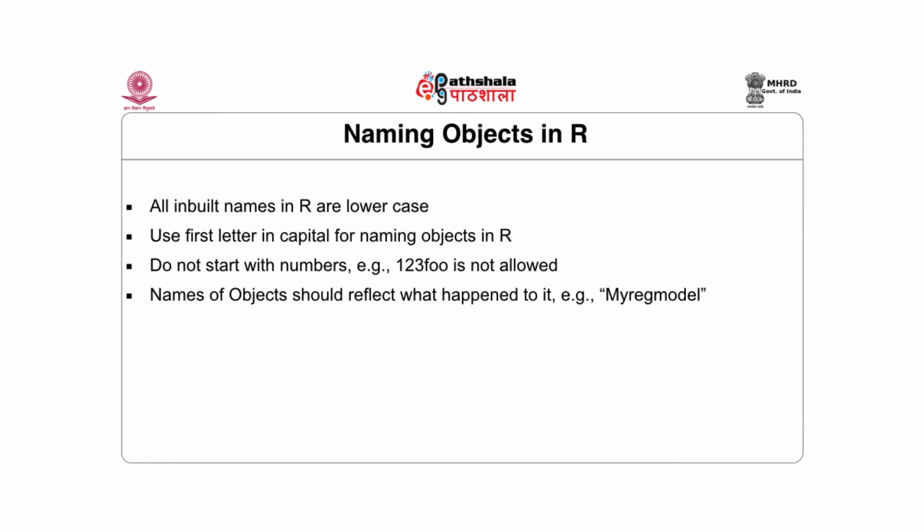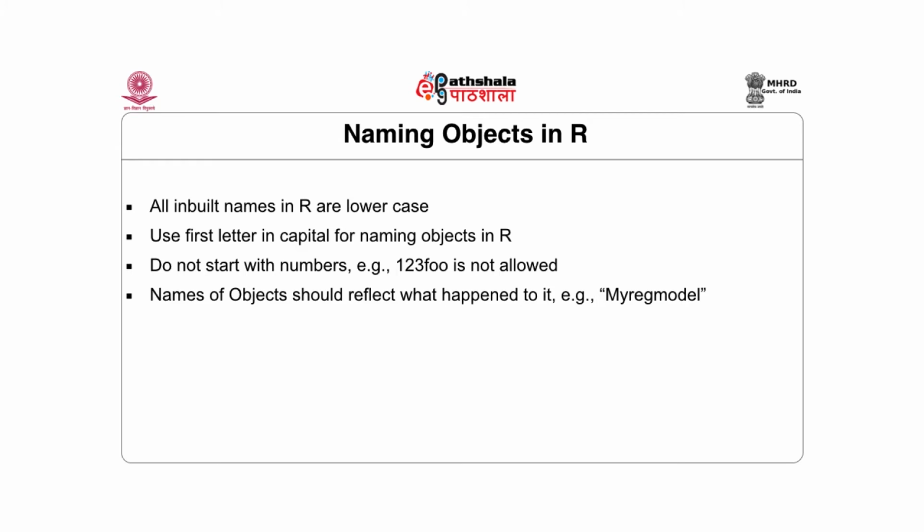The other tip is this, that when you name objects in R, try to name them so that you describe what is about to happen to them. Say, for example, if you want to find out about a correlation matrix of a regression equation, you just use the object name as cormat, for example.